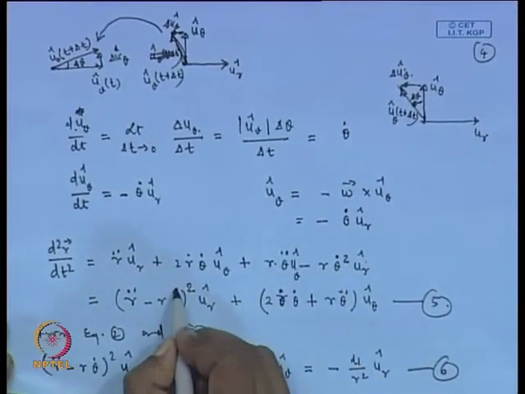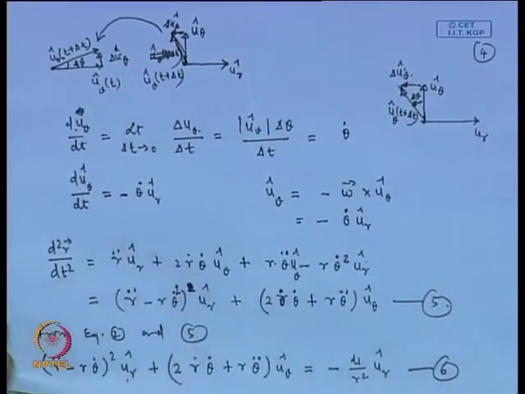In r theta dot square, the square is not outside, this is inside. Okay.